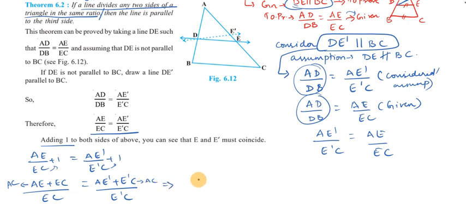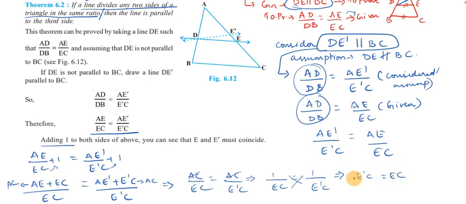So from this we can write AC by EC is equal to AC by E dash C. So we can cancel these two and you will get 1 by EC is equal to 1 by E dash C. So when you cross multiply you will get E dash C is equal to EC. So this is what we have got.